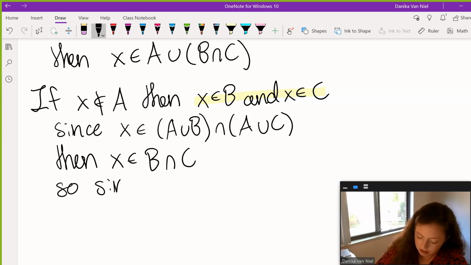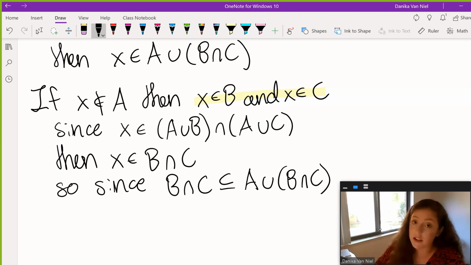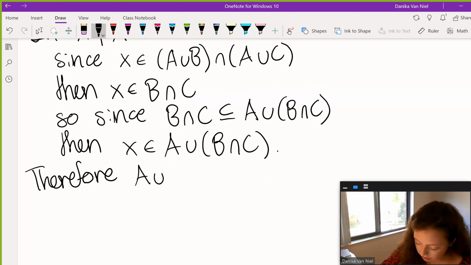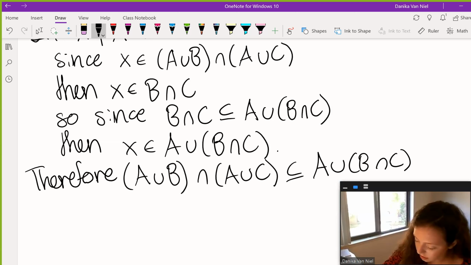Since B intersects C is a subset of A union B intersects C, and that's just by definition of union, then X is an element of A union B intersects C. Therefore, A union B intersected with A union C is a subset of A union B intersects C.